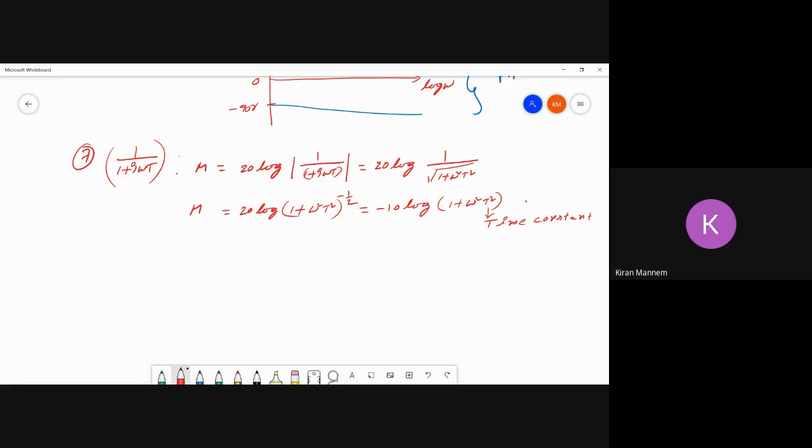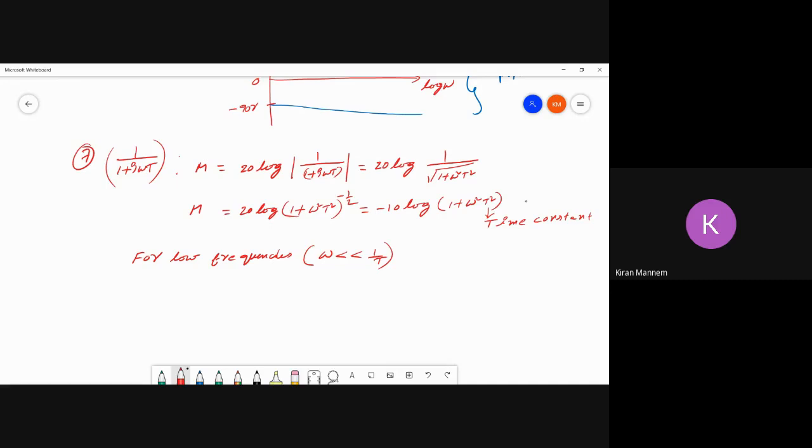So let us find the magnitude for low frequencies. Low frequencies means your omega, your frequency, much less than 1 by t. Since it depends on your time constant value, let us take omega is much less than 1 by t.